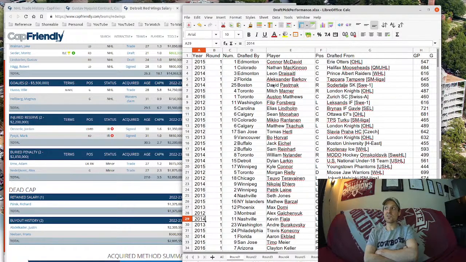Alex Chiasson is one of the guys that I've referenced on a number of occasions where, in my opinion, although I'm not analyzing his actual on-ice performance, but strictly from a stats standpoint, he should have been playing in the NHL this year, and he never had a team choose him. And I see so many of those players that could probably play in the NHL that don't get signed.